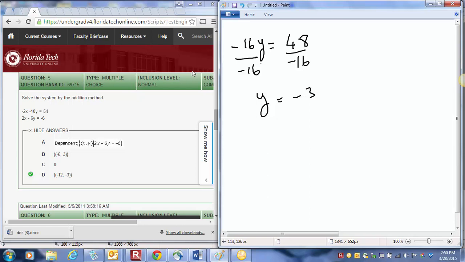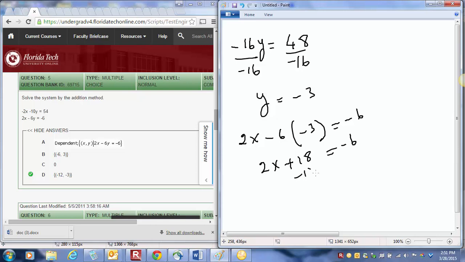Once you find y, you can go back and substitute in either one of the equations. Let's substitute in the second one. So you have 2x minus 6 times y equals negative 6. That would be 18. So 2x plus 18 equals negative 6.